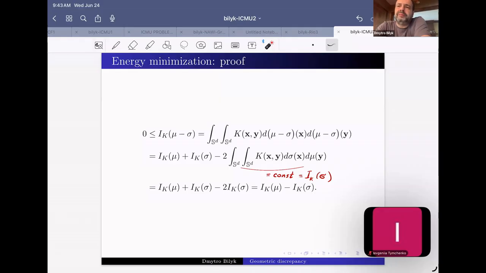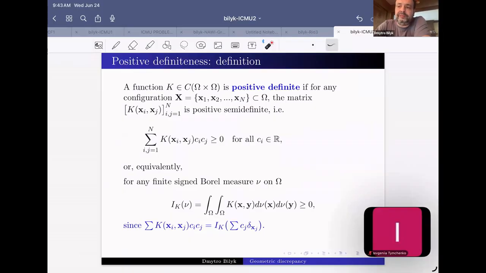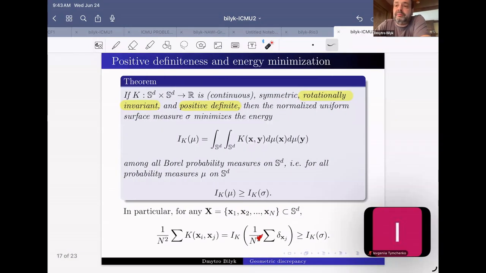Let me start with this quantity. I take the energy of mu minus sigma, where mu is an arbitrary measure. Because of this definition, if the kernel is positive definite, this energy is going to be non-negative, because mu minus sigma is some measure.